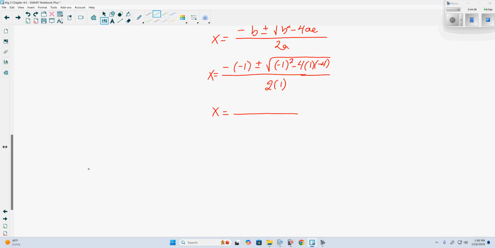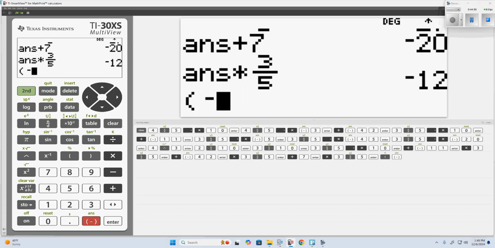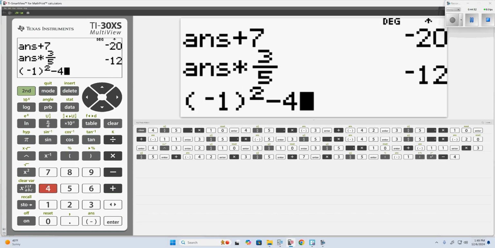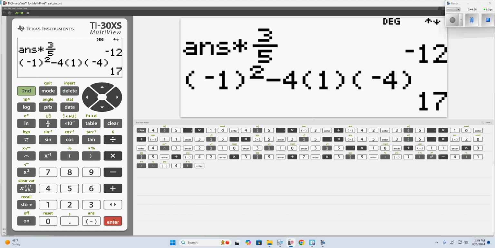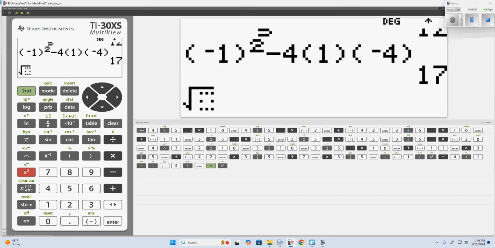But here, negative 1 is what? 1, plus or minus. 1 times 2 is 2. Inside here, parentheses, negative 1 squared minus 4 times 1 times negative 4 is, and we'll need to take the square root of it, see if it reduces.